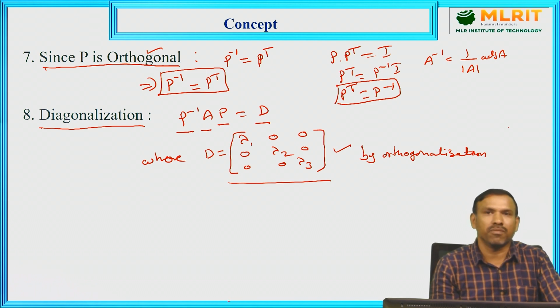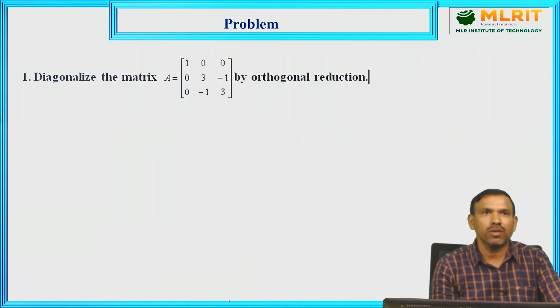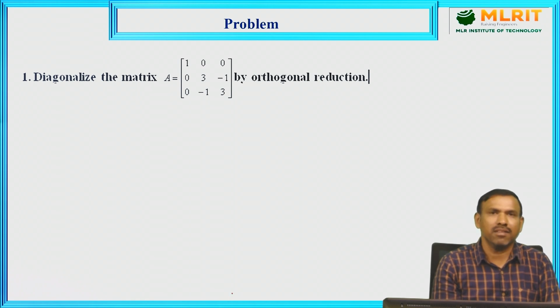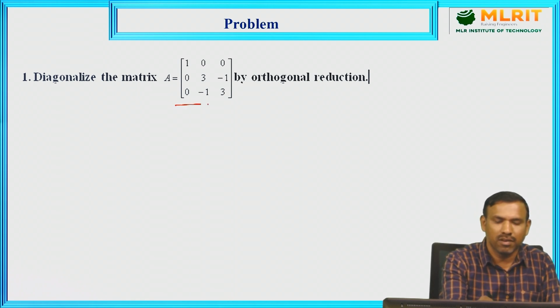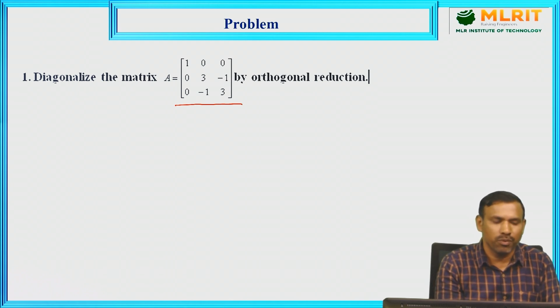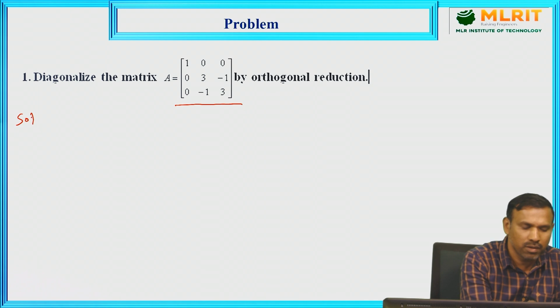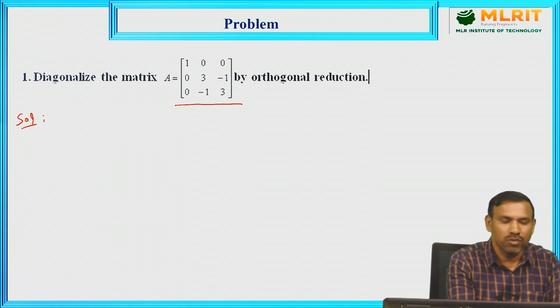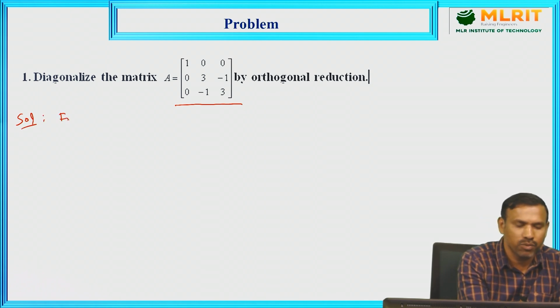Let us explain with this example, right? Diagonalize the matrix. Here I have taken one matrix by orthogonal reduction. So as per the procedure we learned, we follow it. Let us find the orthogonal diagonalization. Given the matrix, we need to find eigenvalues. How to find eigenvalues?